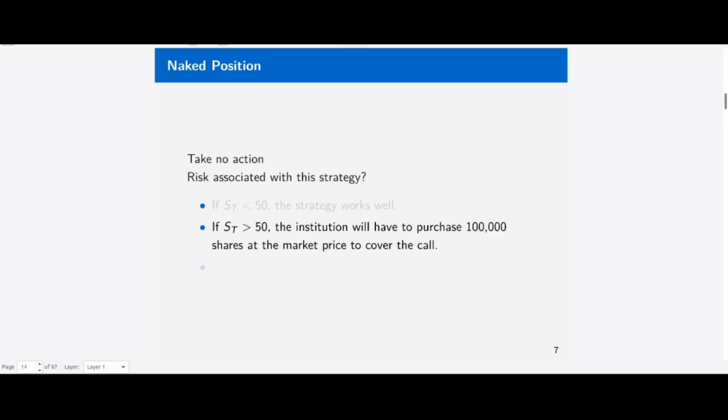But in another scenario, if the price of the underlying asset is greater than the strike price 50, then the contract holder has the right to exercise his right. So the institution will have to purchase from the market to pay its obligation. That means it has to purchase 100,000 shares from the market to cover the call.